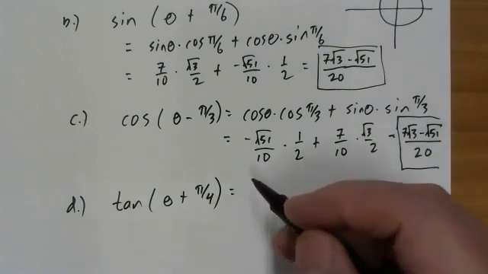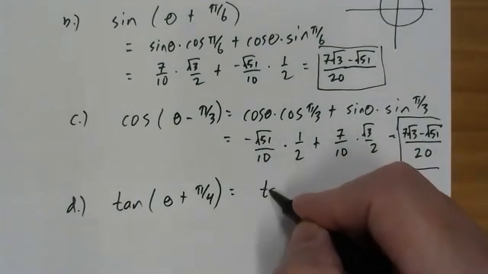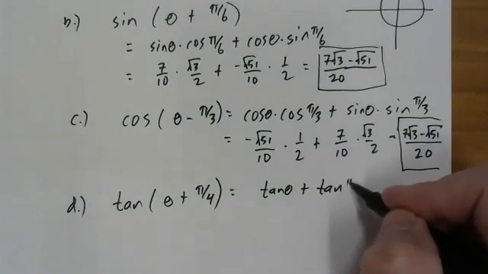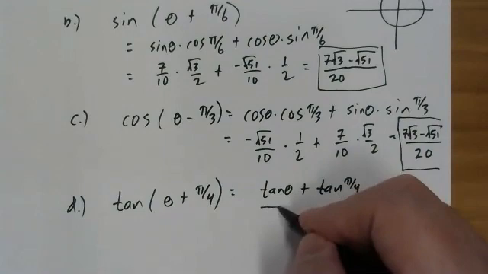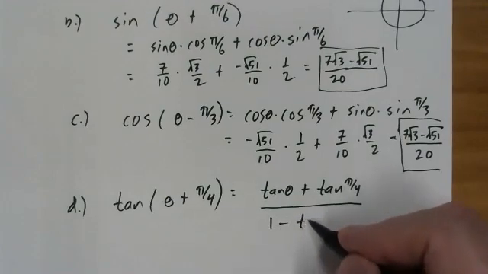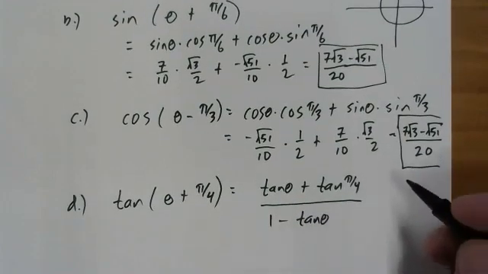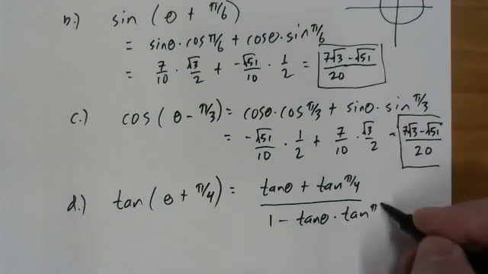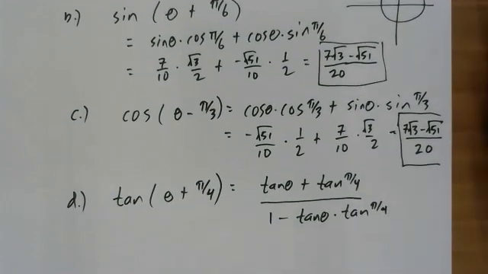So it's going to be tangent of the first angle plus tangent of the second angle over 1 minus the tangent of the first angle times the tangent of pi over 4.